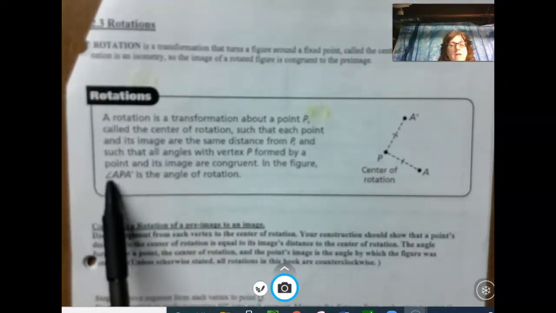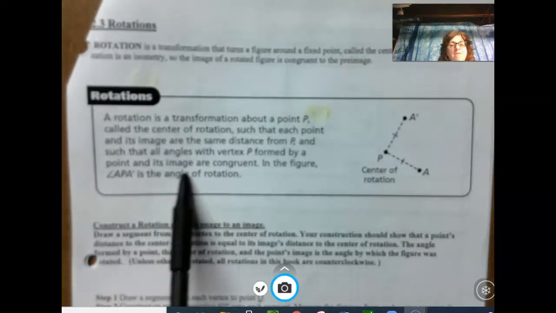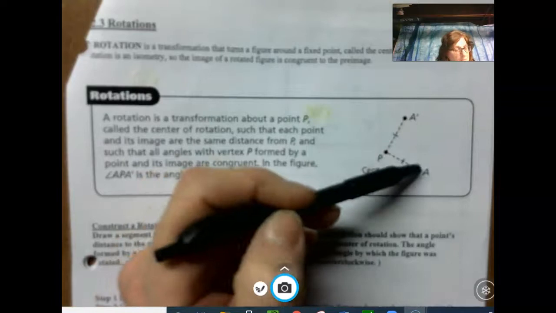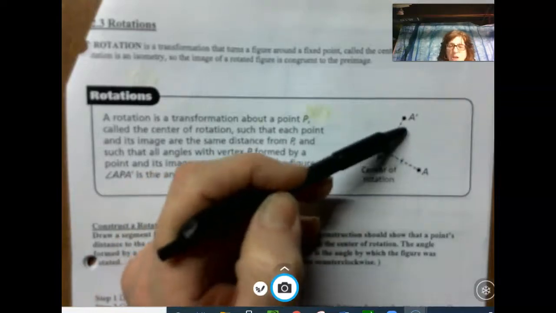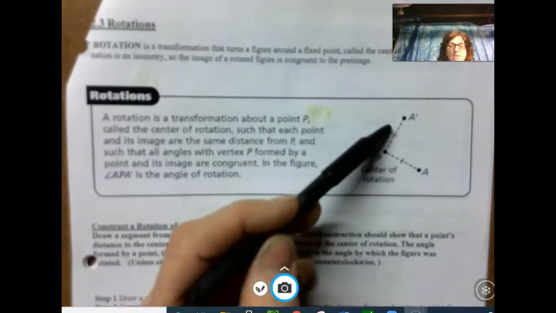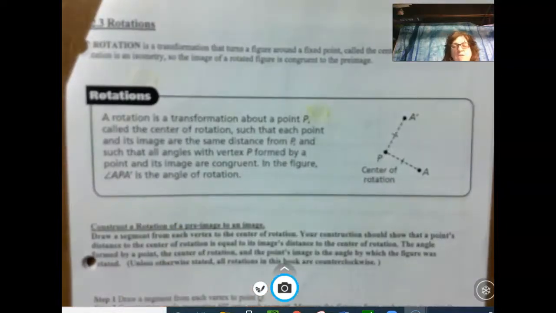So angle APA' is the angle of rotation. For example, if this appears to be a 90-degree rotation, we will always rotate counterclockwise so that everyone is rotating in the same manner.